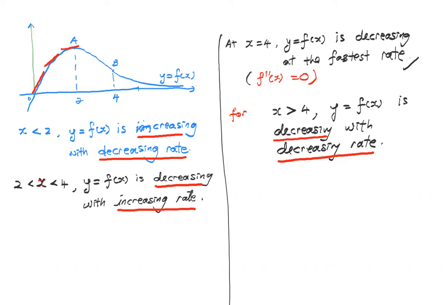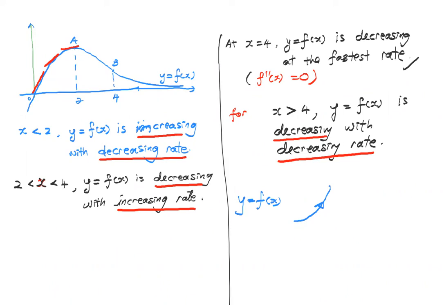Okay, if the graph of y equal to f(x) is like that, this way up, how should we describe? It's convex, correct? Increasing way.